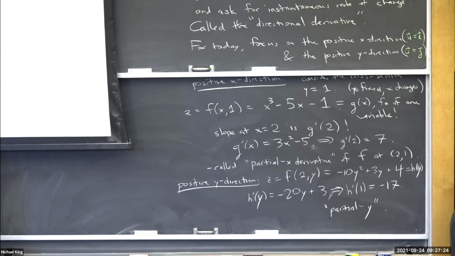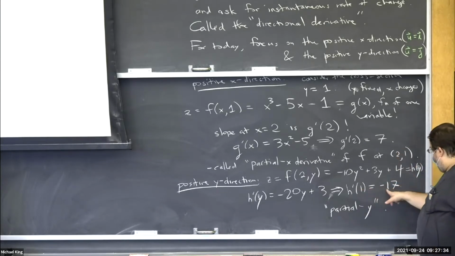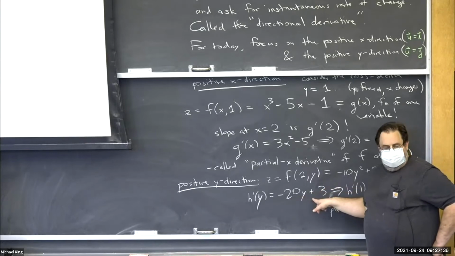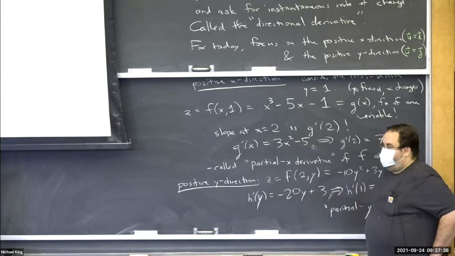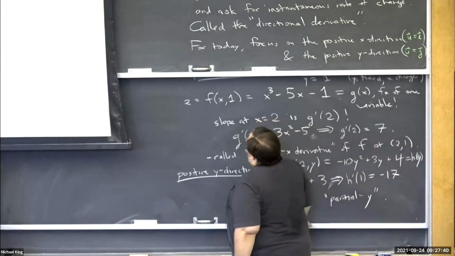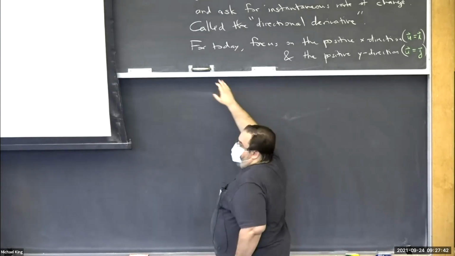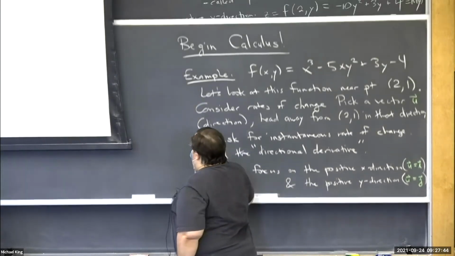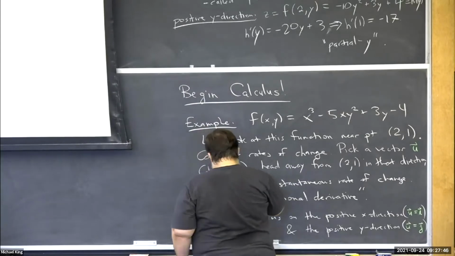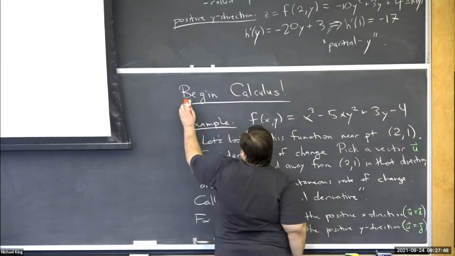And if you think about it, these were the partials at a specific point, just like this was a derivative at a point, but this is the general derivative, right? So we can actually do the same thing. We can have a general partial x and a general partial y, and then just plug in the point to find the specific number.